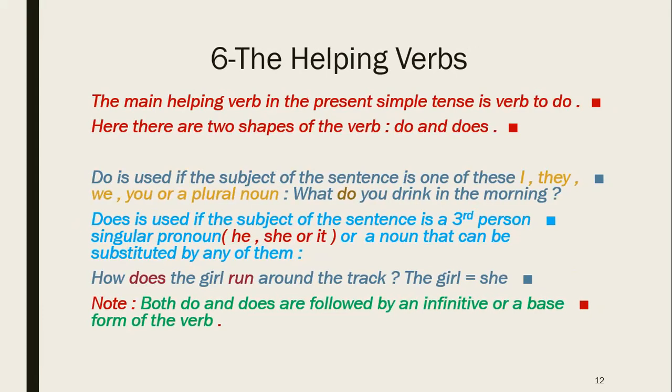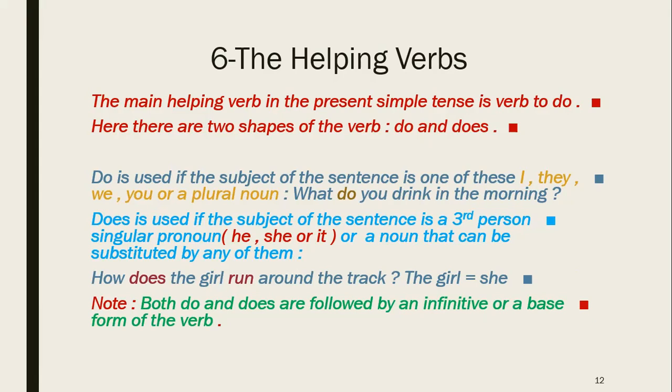Verb to do here has 2 shapes, either do or does. Do with no ending and does with final S, mainly ES. So when do we use do? We use do if the subject is I, they, we, you.